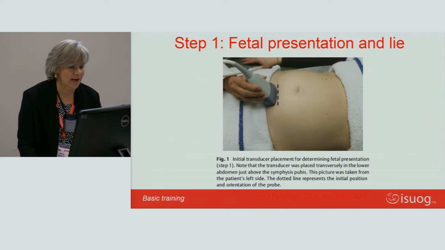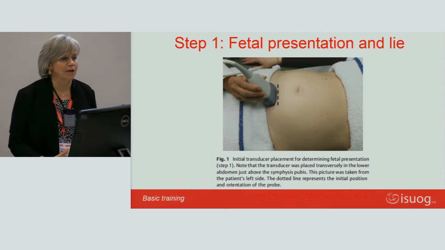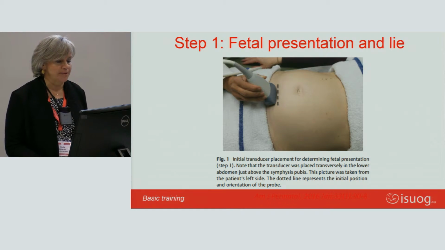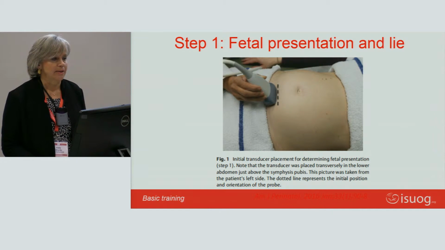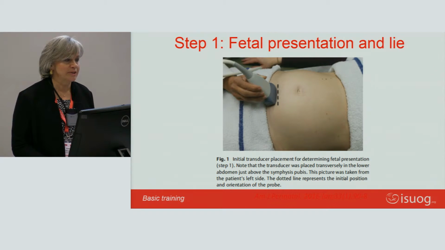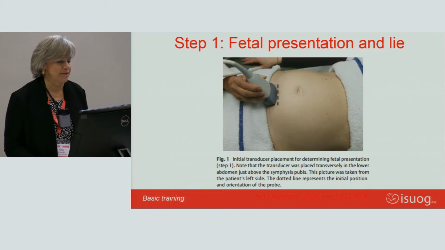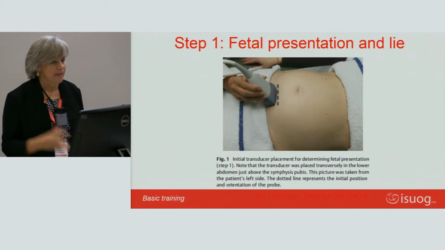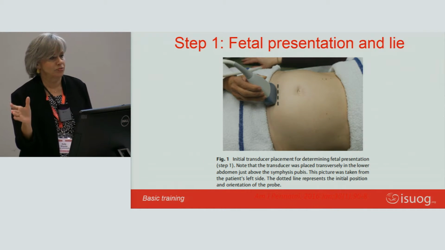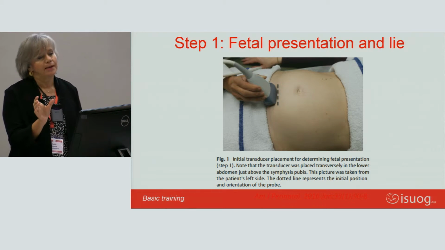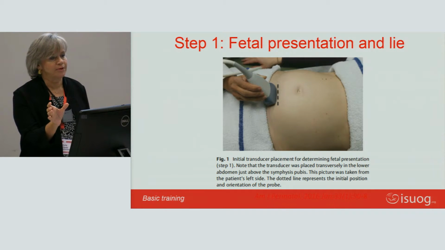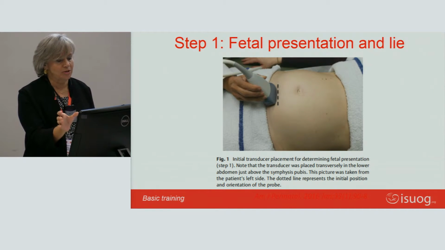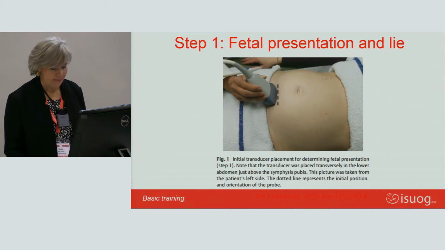So let's see now in practical terms, how do we start? We have a pregnant woman in front of us, and first of all, we want to know whether the fetus is lying in a vertex or in a breech presentation. So typically, we will place our probe, bearing in mind where is right and where is left, immediately above the symphysis and holding it in a transverse position.